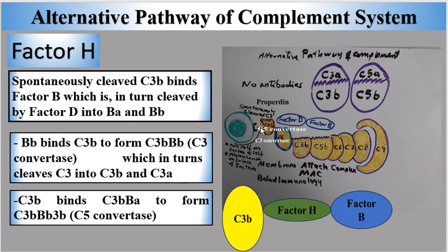So it will bind to this non-self antigen, and this will activate two factors, factor B and D, and factor B gets cleaved by factor D into Ba and Bb.